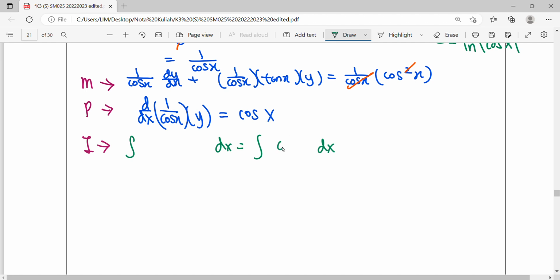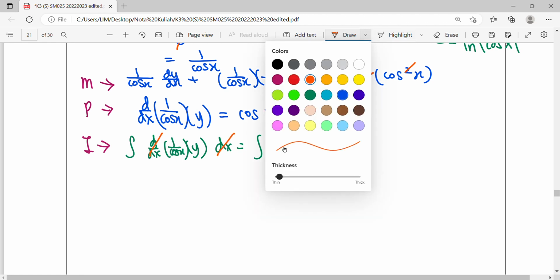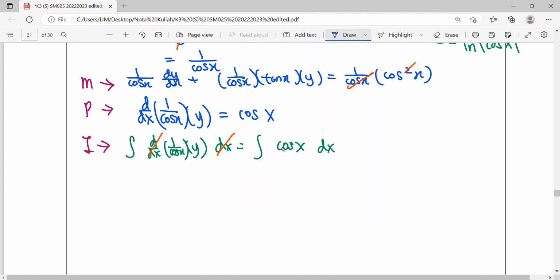Here it will be cos x, and here the derivative of the product with y. Then we can simplify: differentiation and integration cancel. What we have here is y over cos x equals the integral of cos x, which gives sin x plus c.